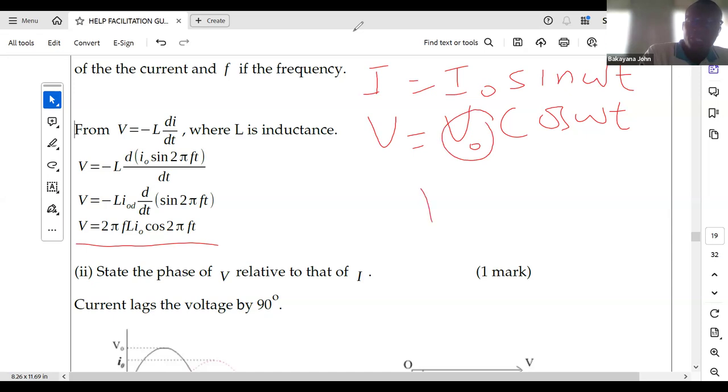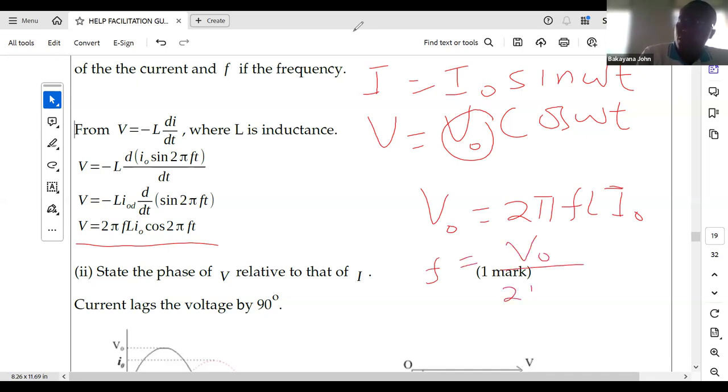Where V naught in this case is given as 2 pi f L I naught. Is that okay? So from there, you can even make f the subject. f becomes V naught over 2 pi L I naught. This formula is used somewhere.